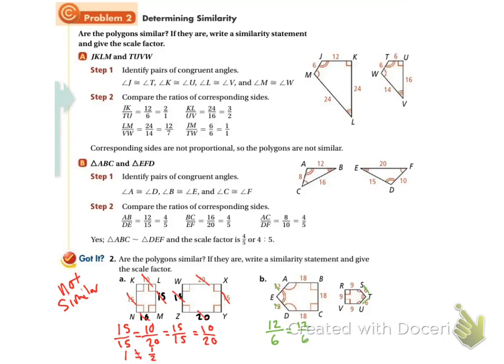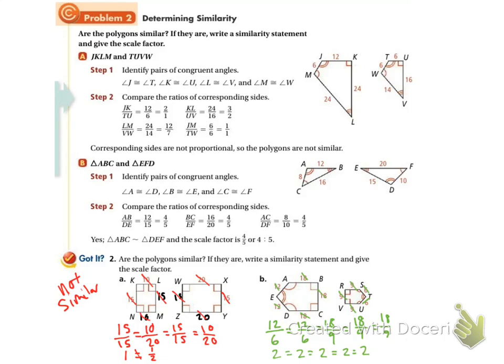And then I went towards the right angle with the 18, over and go towards the right angle, right? So that's 9. And then we got 18 again over 9, and 18 again over 9. So 12 over 6, that's 2. Again, 12 over 6, that's 2. 18 over 9, that's 2, every time. So they're all equal.